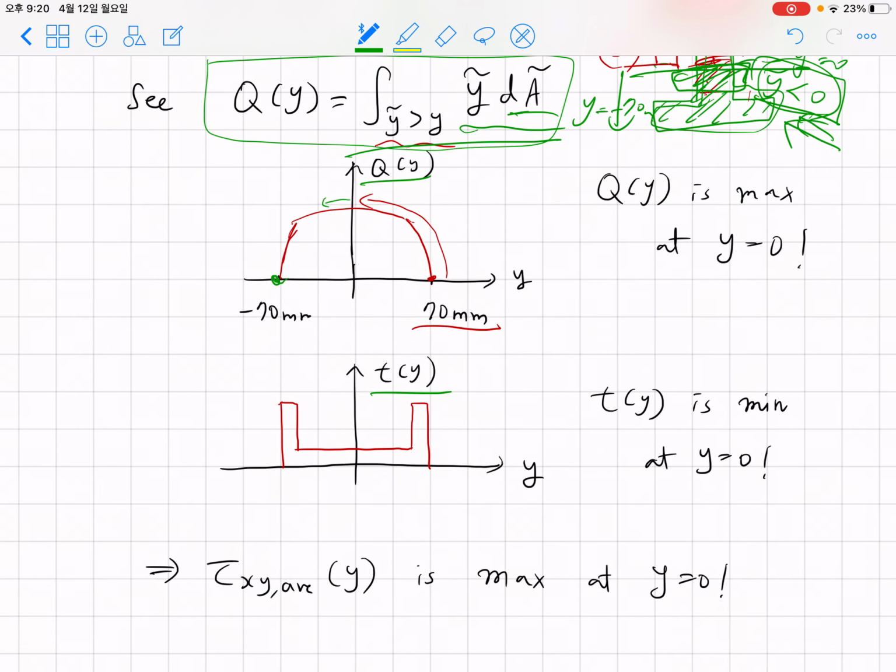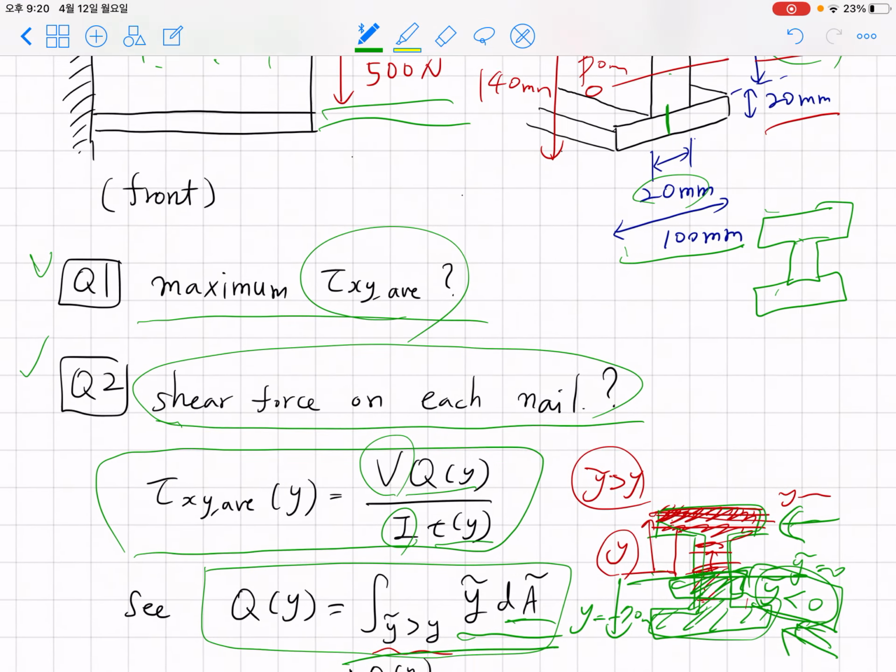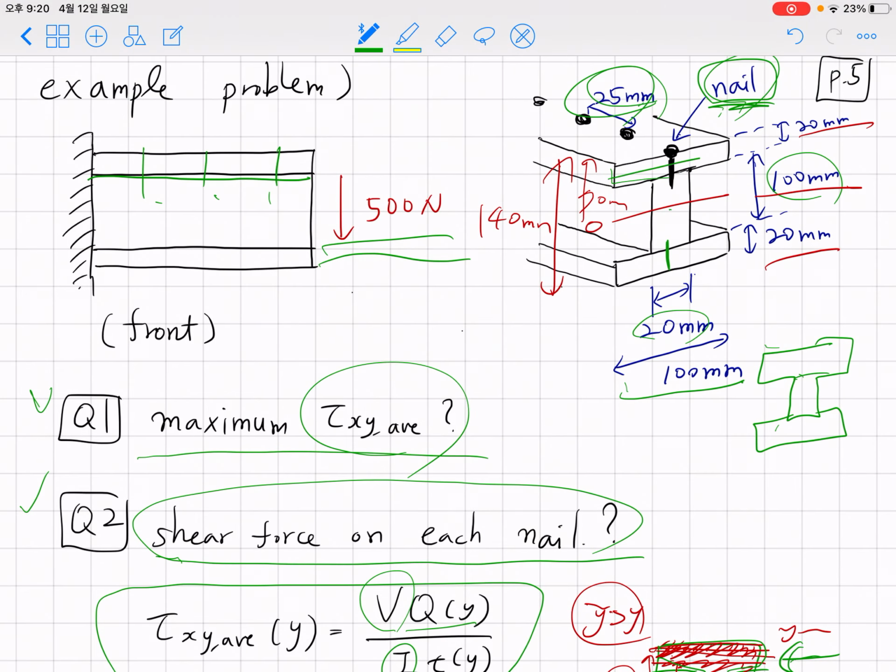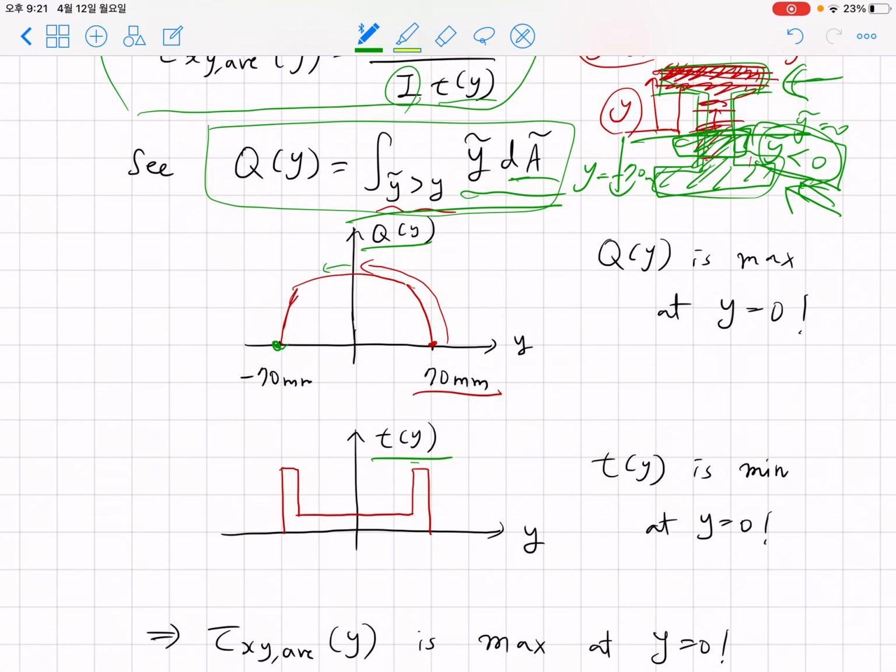Regarding the thickness t, the thickness was quite large, 100 millimeter, when y is near the top or bottom, and when y is near the center, it becomes 20 millimeter. So the distribution of t would be something like this. When it's top, it's large. When it's center, t is minimum.